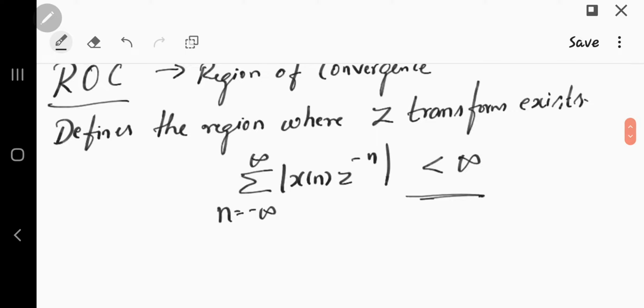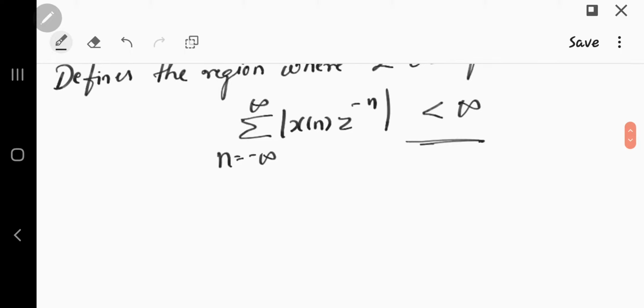Then only the ROC can be defined. So in equation 3 we have x of n z to the power of minus n, whatever the term inside the summation, if it is absolutely summable, summable means it will be a finite value, then only the Z transform, that is X of z, will converge. And where it converges, that will lie in the region of convergence.